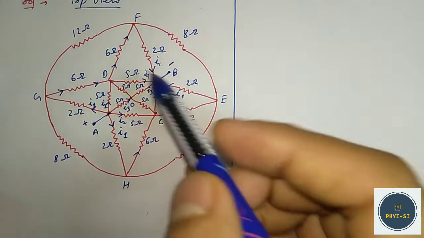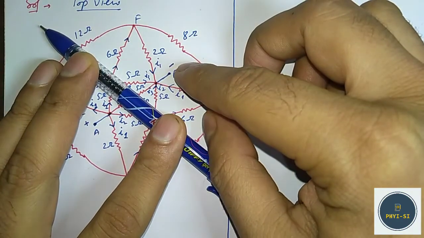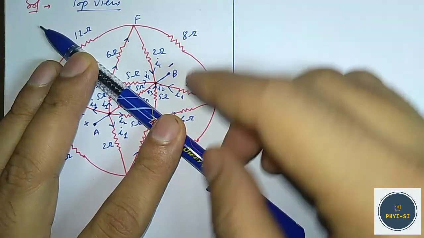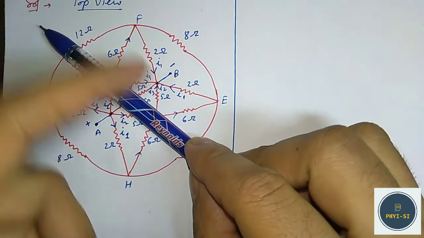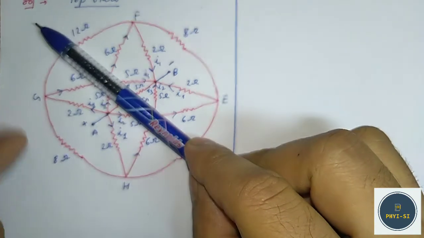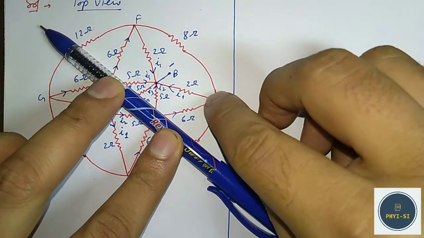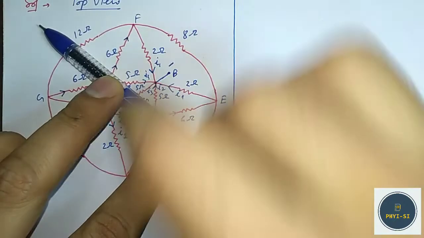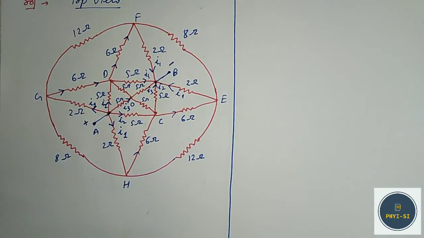Another thing, due to the symmetry of the circuit, this is the negative terminal of the battery, so this point F and this point E are at the same potential, and this point G and H are also at the same potential. Because I1 current is coming from here and I1 current is also coming from here, so they would be at the same potential.